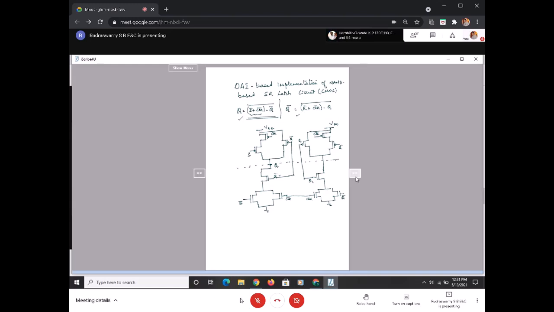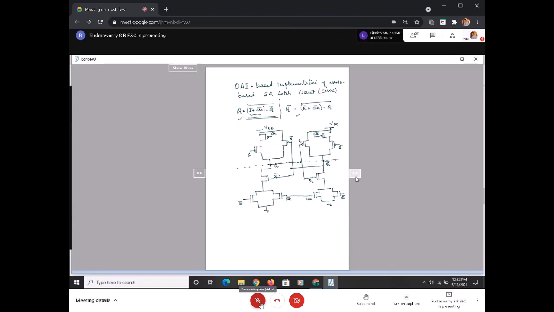Okay, and what is the output at this point? What is the output we are getting at this intersection of the PMOS and NMOS array? It is Q bar, and this Q bar acts as input for this one, and this Q acts as input for this.